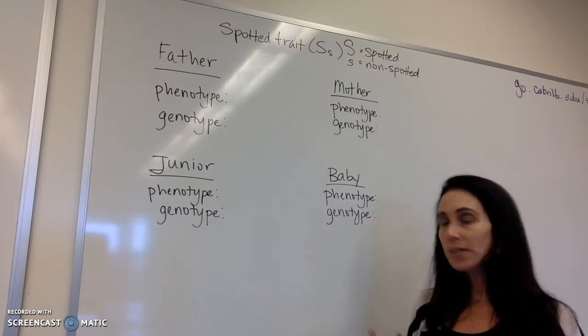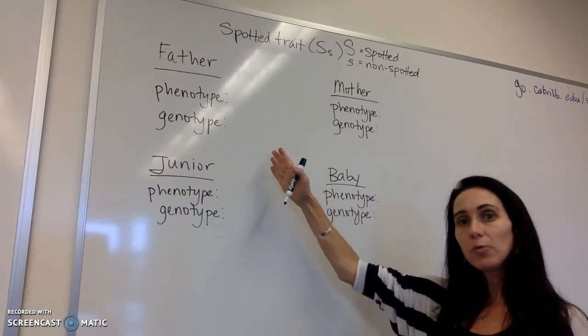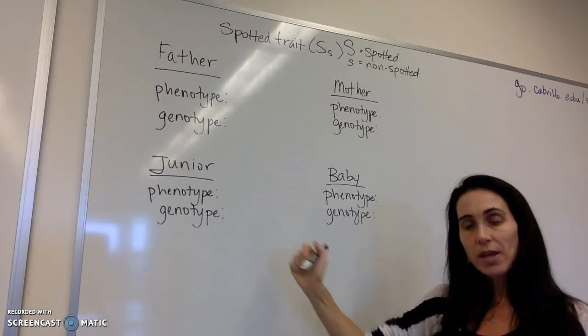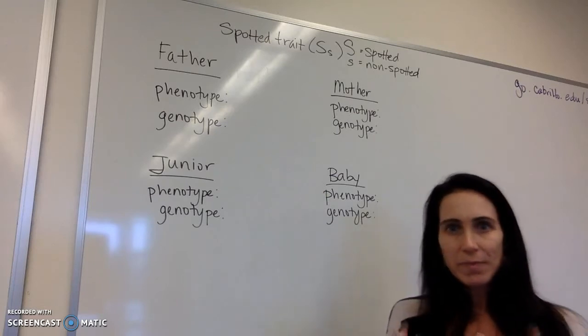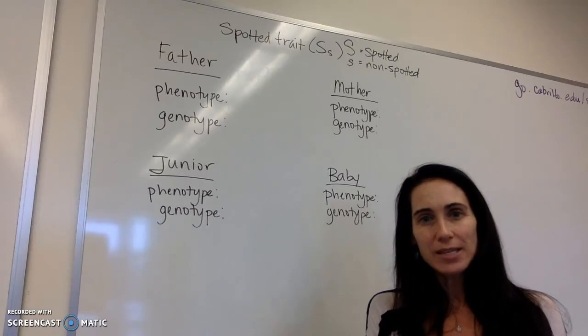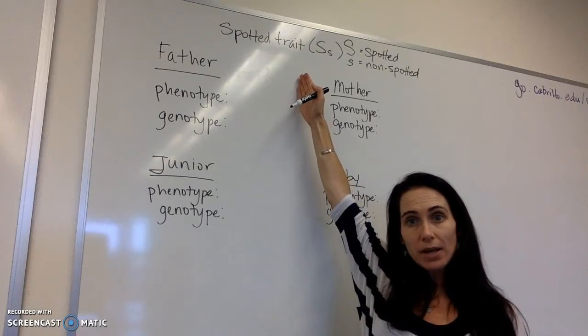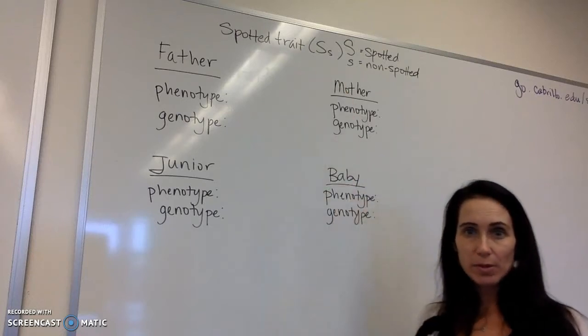So you'll notice that on your worksheets that it's asking you to begin with listing the phenotype. So you're probably going to have to use a magnifying glass or something to actually see those little images of the monkeys. But look really closely at whether the monkeys are spotted or non-spotted for these family members.